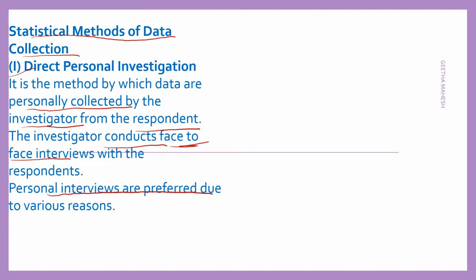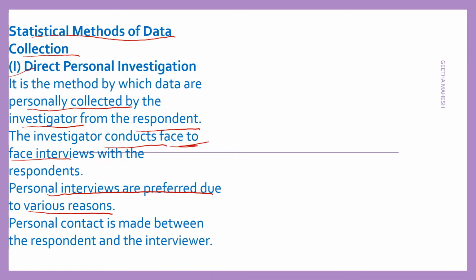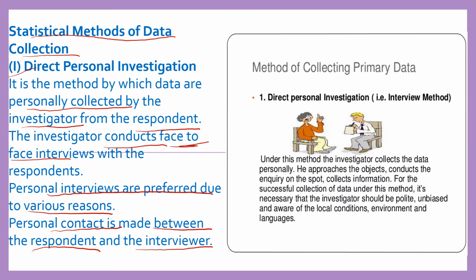Personal interviews are preferred due to various reasons, in that personal contact is made between the respondent and the interviewer. You can see in this picture the respondent is answering to the investigator, and here they can have face-to-face contact and they can discuss in order to give information and to collect the information.